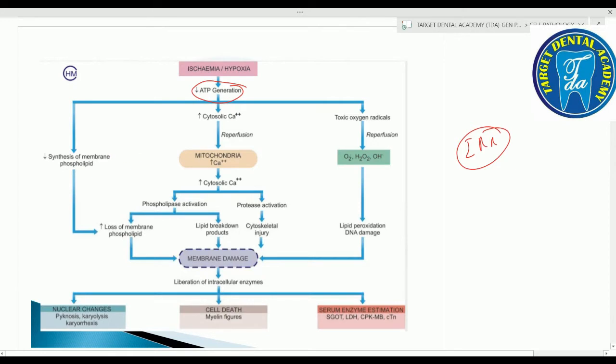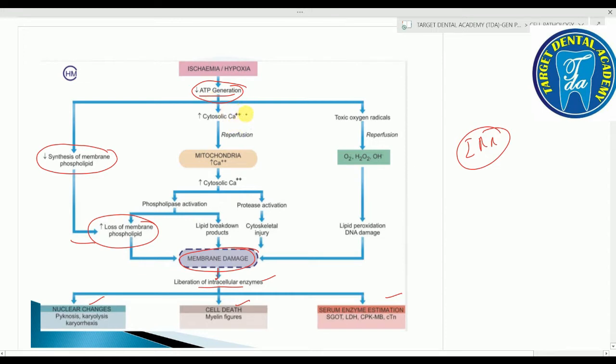Number one, a decrease in ATP generation leads to decreased synthesis of membrane phospholipid, which leads to increased loss of membrane phospholipid, and it leads to membrane damage. Further, there is a liberation of intracellular enzymes, which leads to three changes: nuclear changes, cell death, and the serum enzyme estimation.